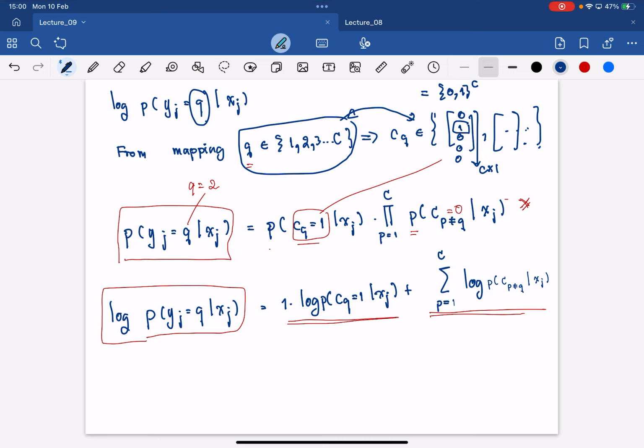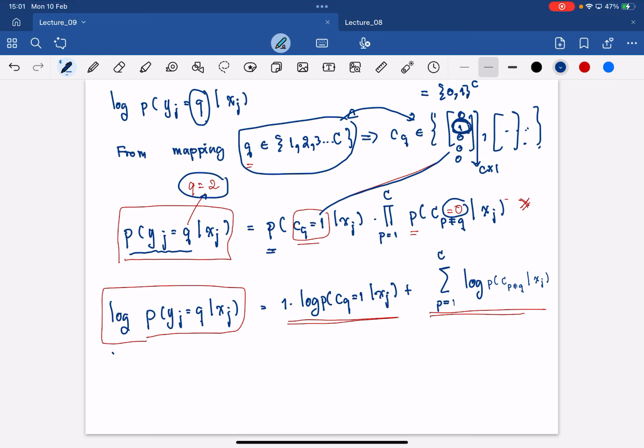Okay. Then after that, because we know the probability of our measurement being class Q, where Q is equal to 2, we can represent it with the one hot vector. Then we may decompose this into the probability of the coefficient at the second location equal to 1 and the rest equal to 0. That is the way we may decompose it. After that, we take the logarithm.